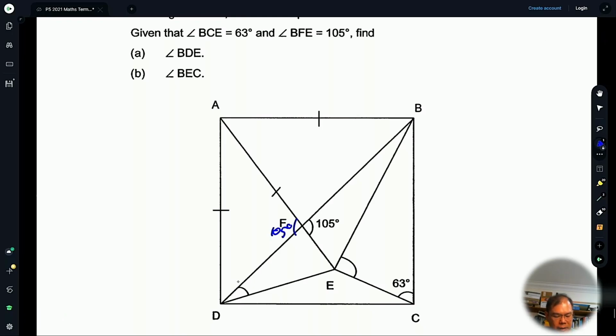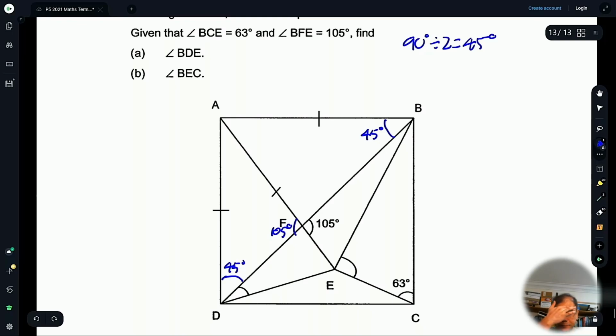And another angle that I know will be here, 45 degrees, because the line BD just cuts across the square. So 90 divided by 2, 45 degrees. This is for us to know for now.